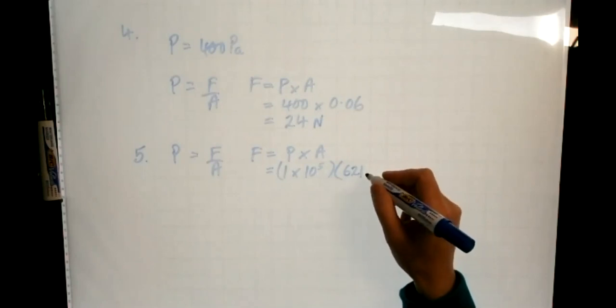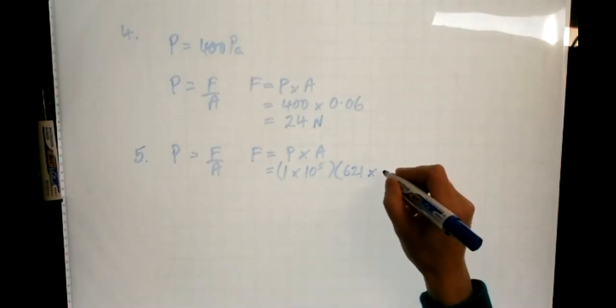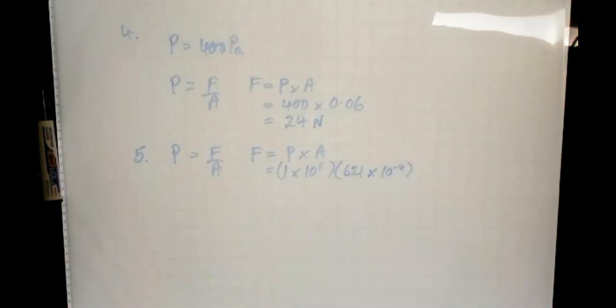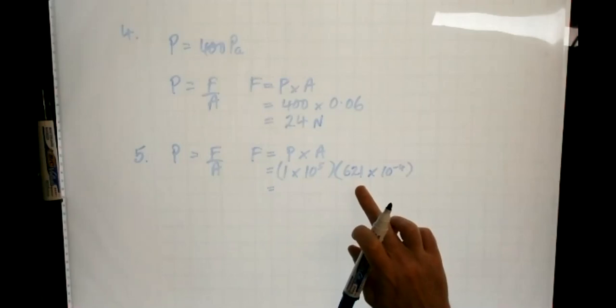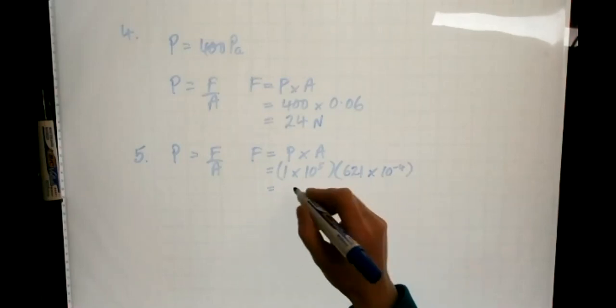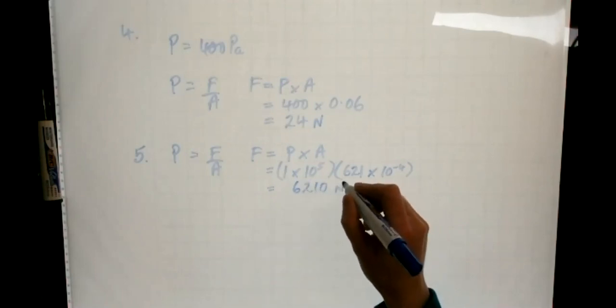So how much is a centimeter squared in meters squared? It is 10 to the power of minus 6. Perfect. Then use the calculator: 1 by 10 to the power of 5 times 621 by 10 to the power of minus 6 gives the force in Newtons.